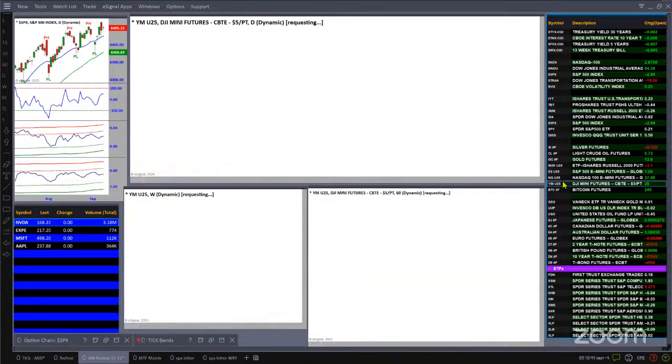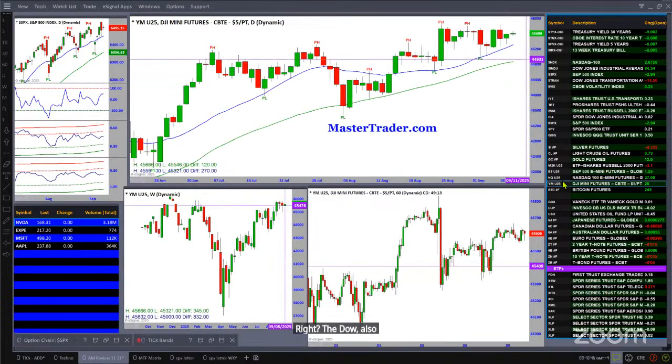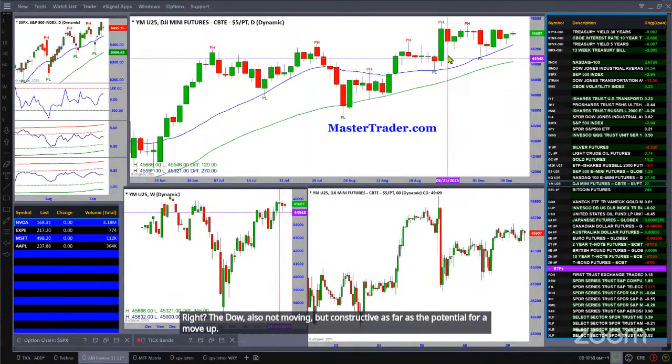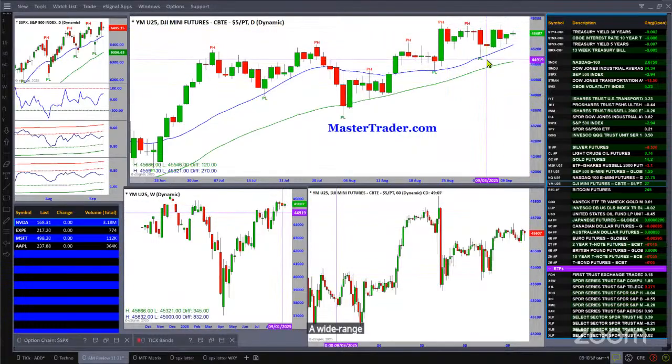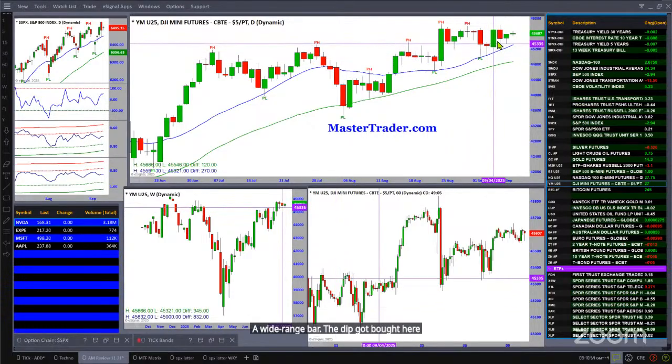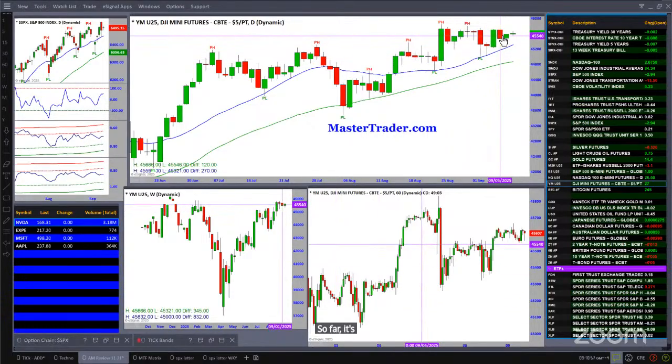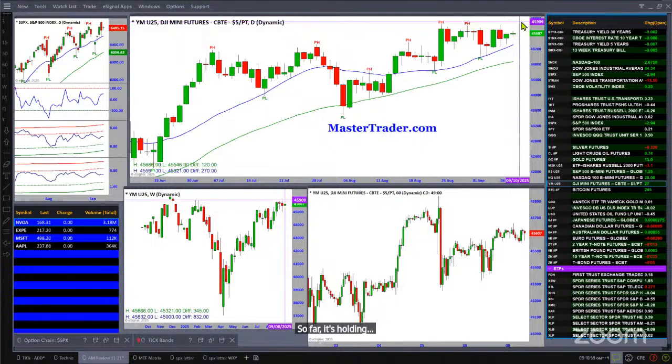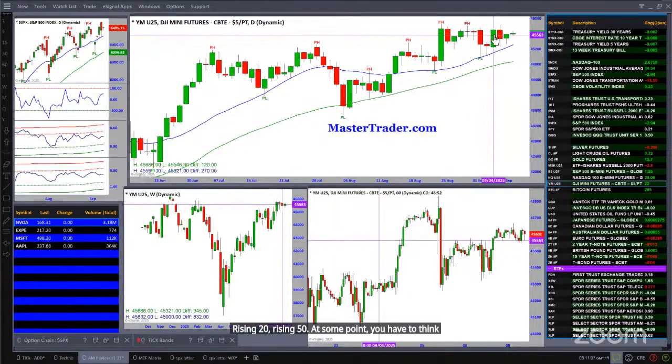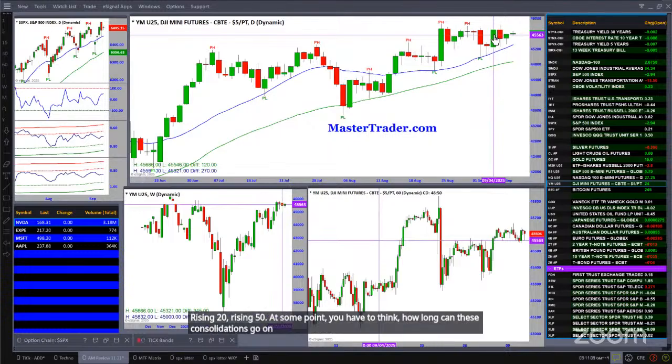Right, the Dow also not moving, but constructive as far as the potential for a move up. Wide range bar, the dip got bought here. So far, it's holding, and that suggests going higher, rising 20, rising 50. At some point, you have to think, how long can these consolidations go on before longs throw in the towel?